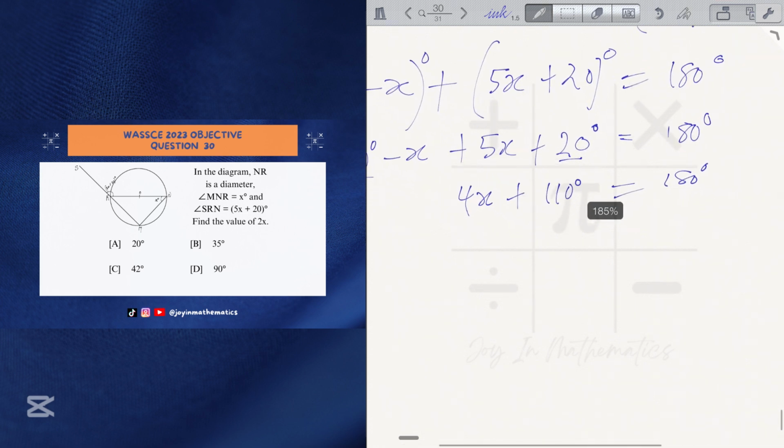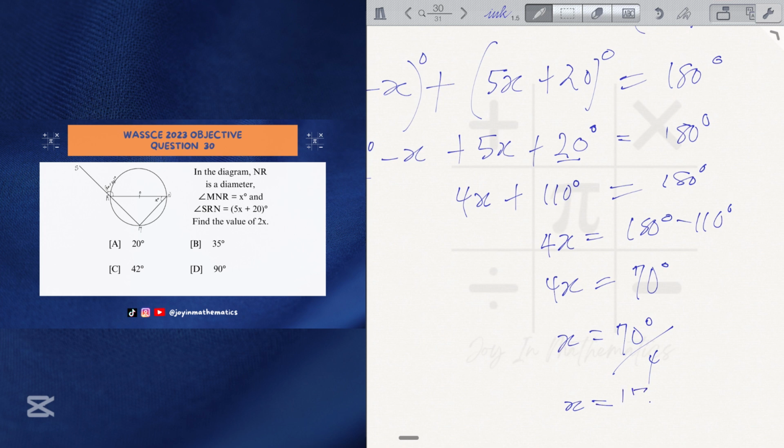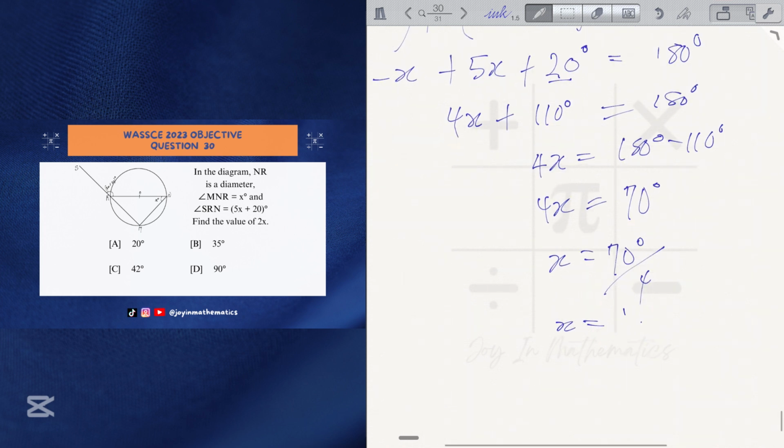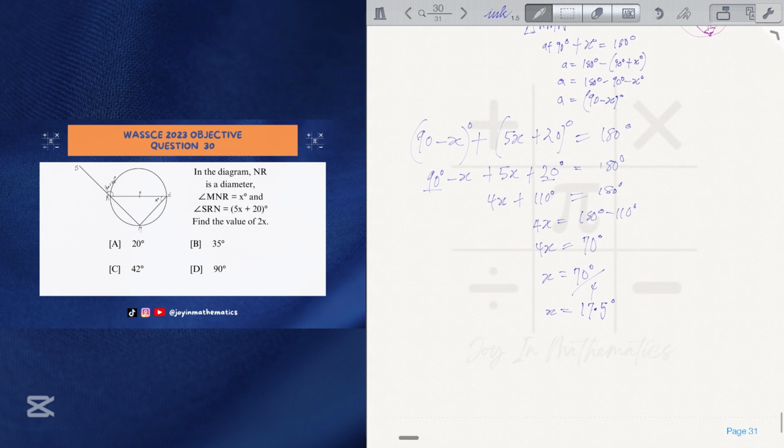So we can find the value of x now and say 4x is equal to 180 degrees minus 110 degrees. So 4x is simply equal to 70 degrees, and x is equal to 70 degrees divided by 4. So x is equal to 17.5 degrees. So we have found the value of x.